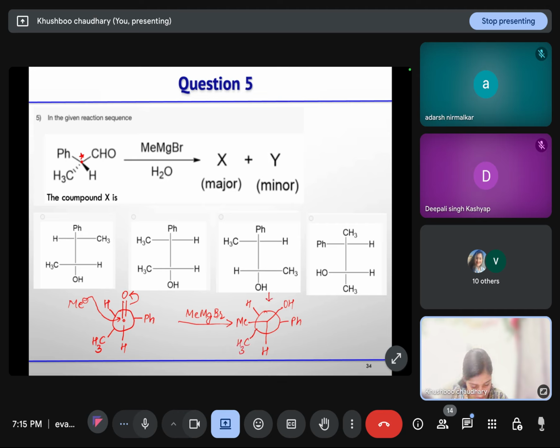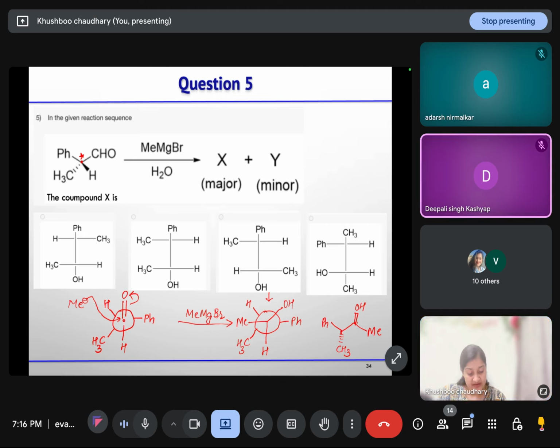So let's draw from this side. This is Ph. Here we have methyl, that is below, and then on the next carbon we have OH above, methyl this side, and hydrogen below. Right?